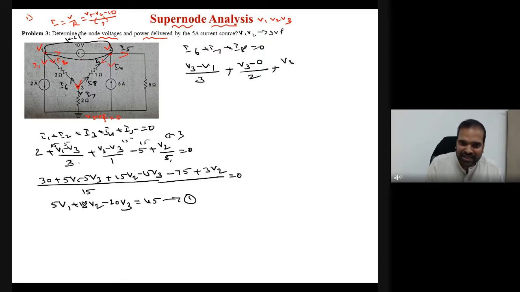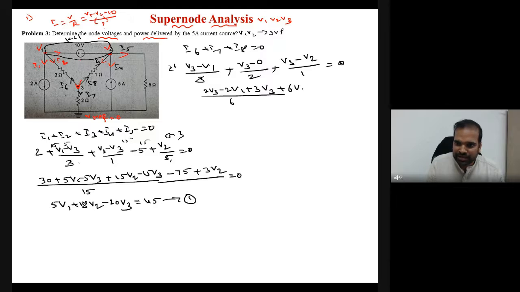One end V3 is connected, another end V2 is connected, by 1 ohm, equal to what? 0. So what is the LCM here? 3 into 2, 6. If I write 6 here, 3 ones and 3 twos, therefore 2v3 minus 2v1. So if I write 6 here, 2 ones and 2 threes, therefore 3v3 plus 6v3 minus 6v2 equal to what? 0.